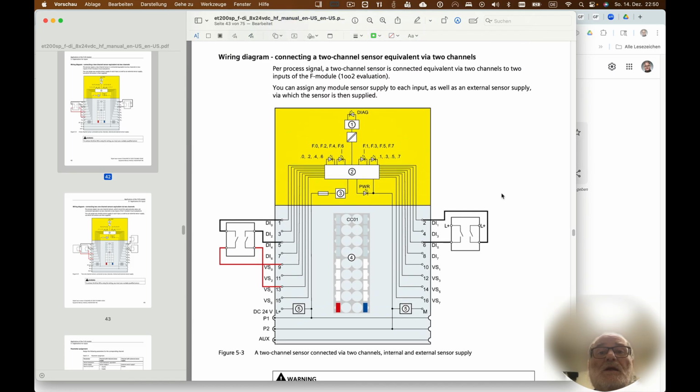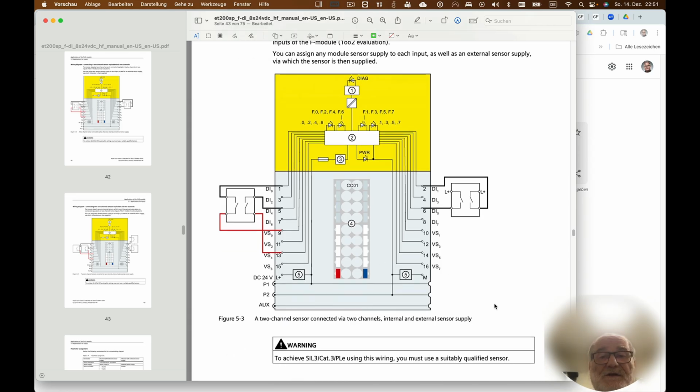So this is a wiring diagram connecting a two-channel sensor equivalent via two channels. This is one sensor with two individual outputs, or two individual normally closed contacts.